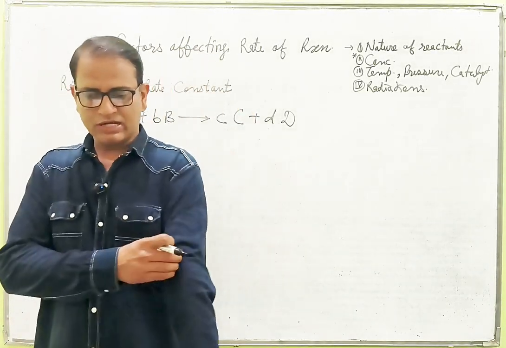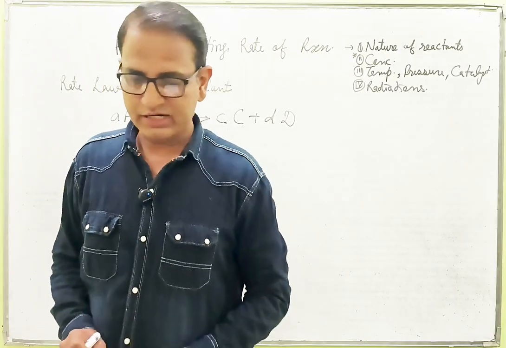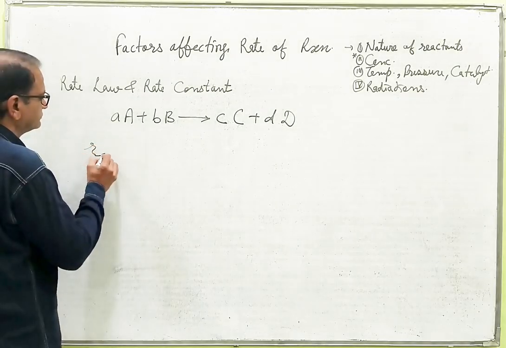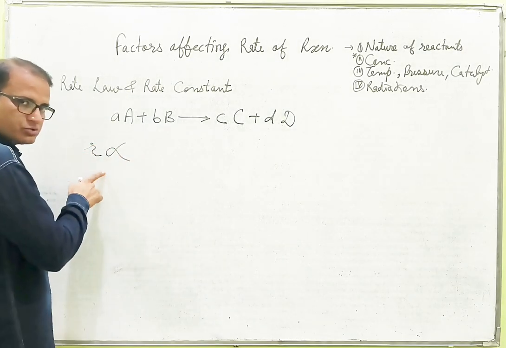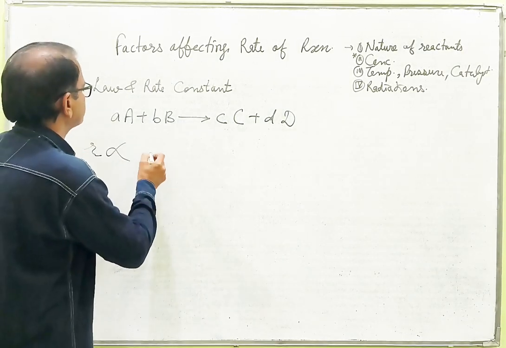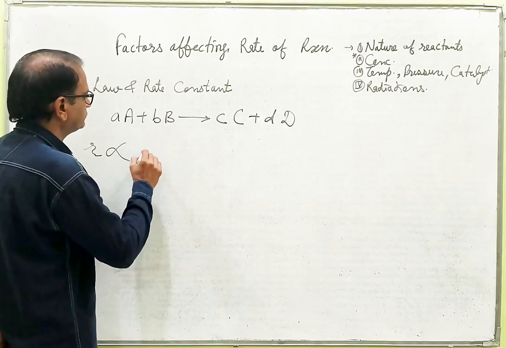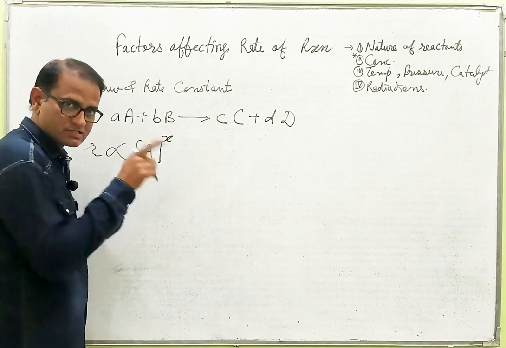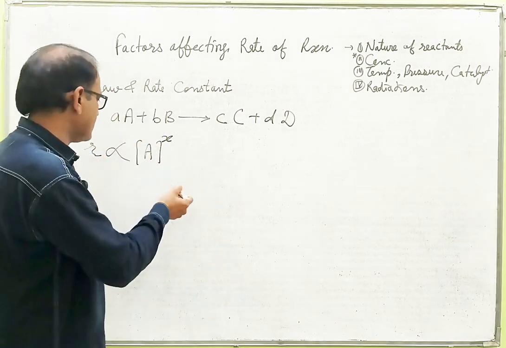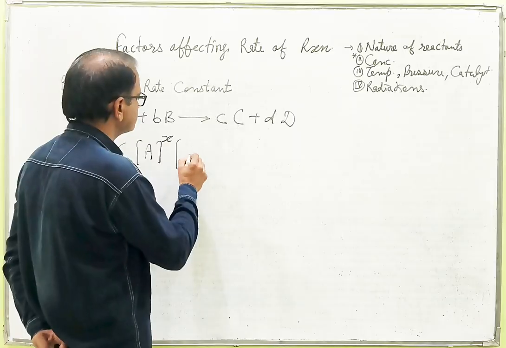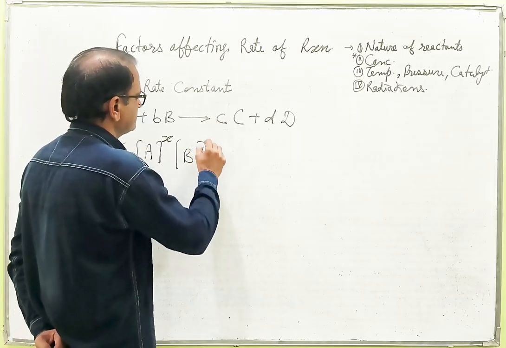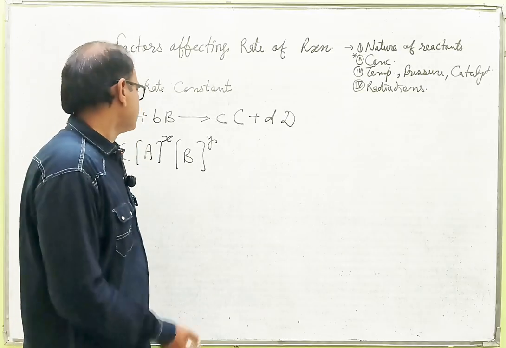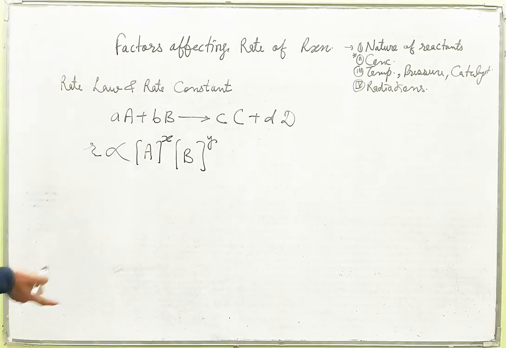So, how to express the rate equation or rate law for this reaction? That is, R is directly proportional to concentration of A raised to power x into concentration of B raised to power y. Okay. So, this is what is known as rate law.